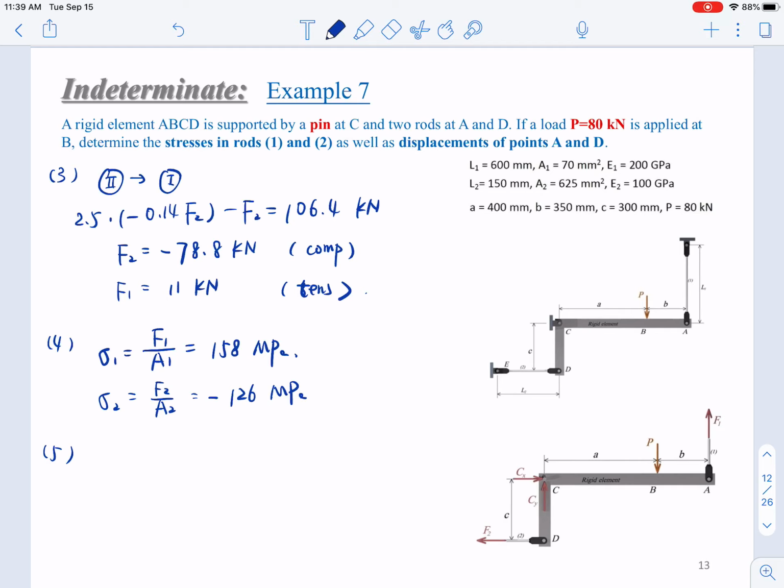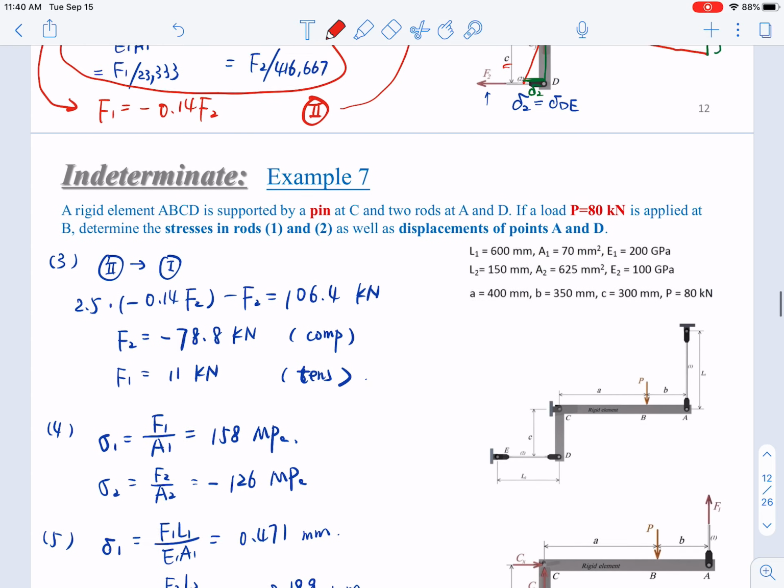And then if we want to calculate delta 1 and delta 2, the delta 1 will be F1 L1 over E1 A1. The result is 0.471 millimeter. And delta 2, of course, will be a negative number. Right, it's F2 L2 over E2 A2. It is negative 0.189 millimeter.